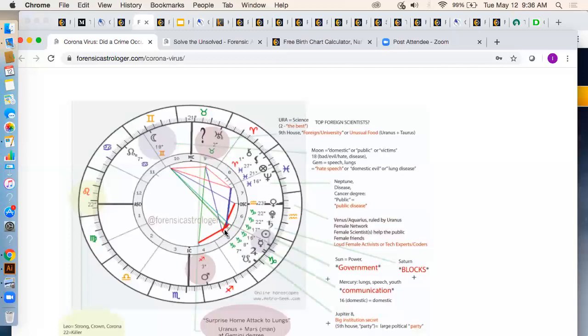You can see that red line, it means a square. And I think that means that a woman is blocking the virus. So Venus is even more powerful than the virus since it's on an angle. And I think that these women will have the upper hand, female scientists. I think that could be one possibility.